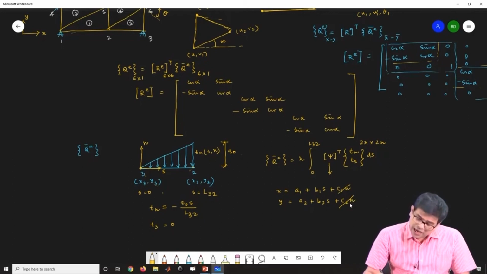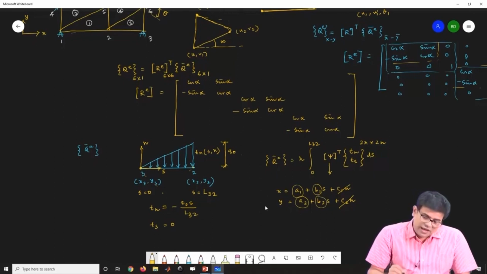So now what we have basically, we have two constants, a1 b1 and a2 b2 for x and y. Now we have two boundary conditions also. So what are those boundary conditions? Because at s equals to 0 we have x equals to x3 and y equals to y3.